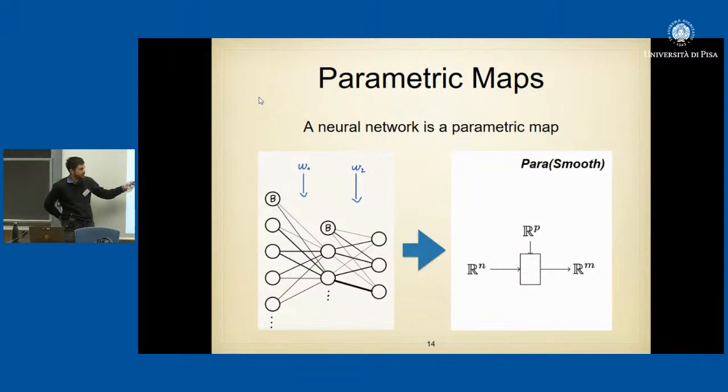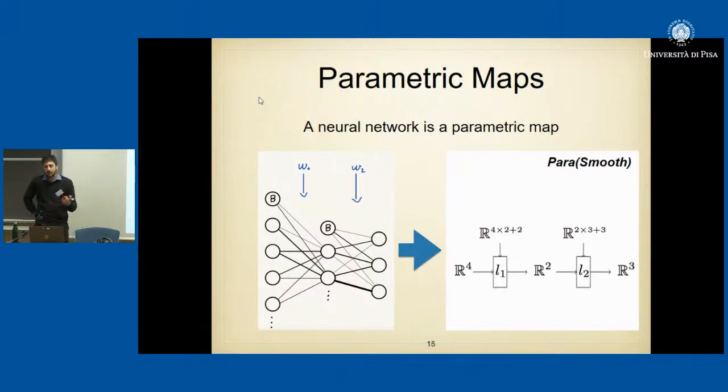So the bias is like the nonlinear part of your computation. And instead, the inputs to outputs mapping is modeled by a morphism that goes from R^N to R^M, where N is the dimension of the inputs, and M is the dimension of the outputs. Of course, this can be made more fine-grained, if you like.